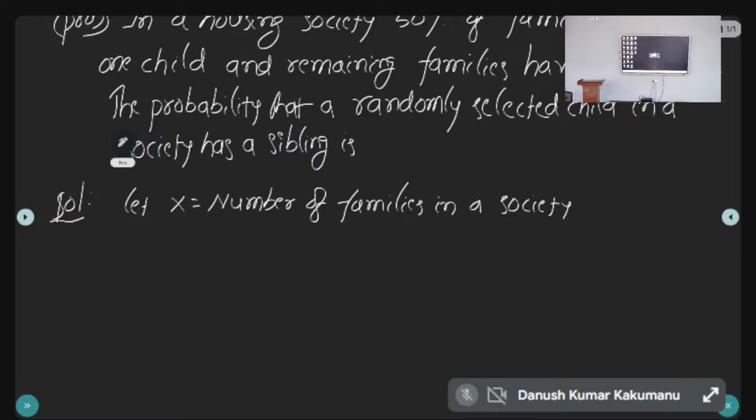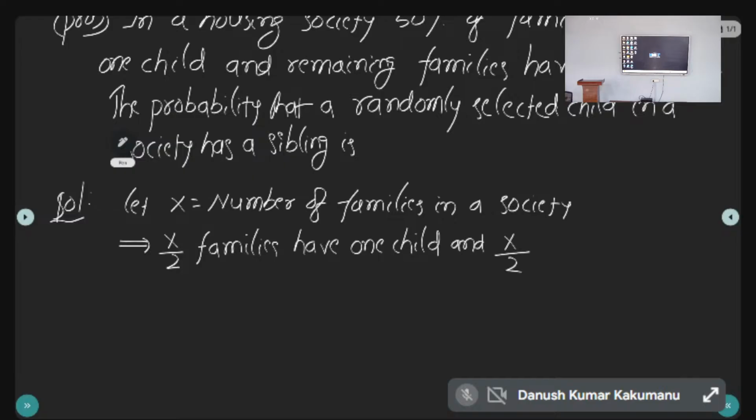So X by 2 families have one child. And the remaining families, the remaining 50%, are having two children. X by 2 families have two children.